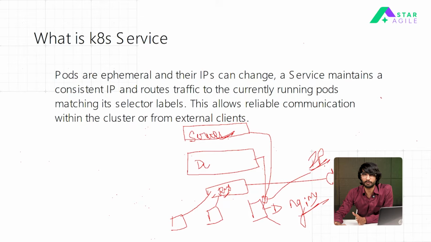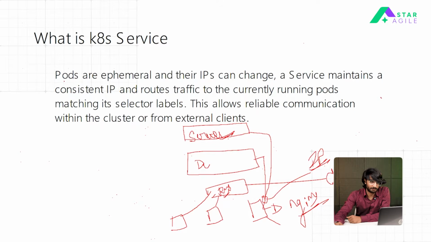It will never be looking for the IP address, it will be looking for the names of the pod. In this way, even though the IPs have been replaced, you will be able to reach out to this particular pod.